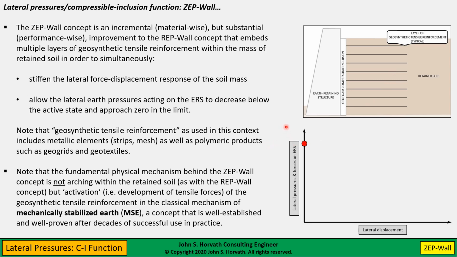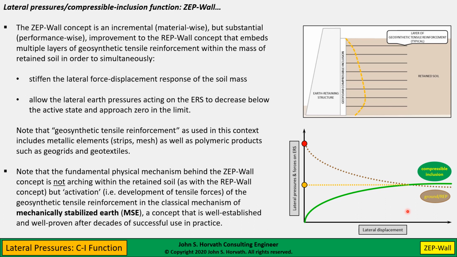So to look at this in a bit of a quantitative fashion, again, plotting lateral pressures and forces transmitted through to the ERS versus lateral displacement of the retained soil. If we did nothing, this would be the at-rest state. And as we've seen previously with the rep wall application, we could reduce things to the active state. All right.